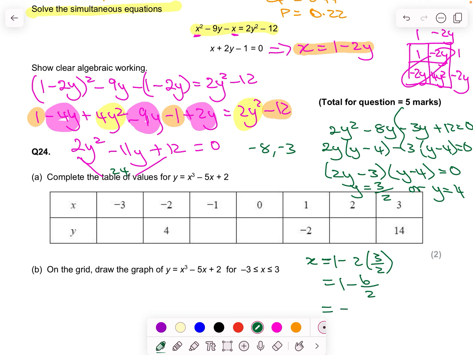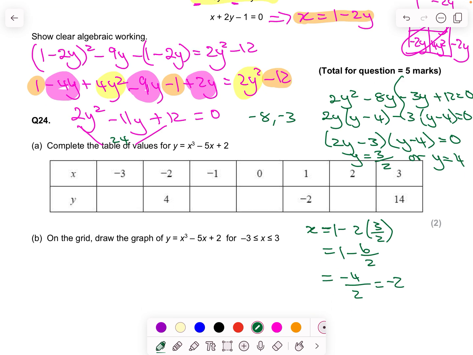So that's minus 4 over 2, which is just minus 2. And then I do the other one, which is x equals 1 take away 2 times 4. So x equals 1 take away 8. So x is minus 7.